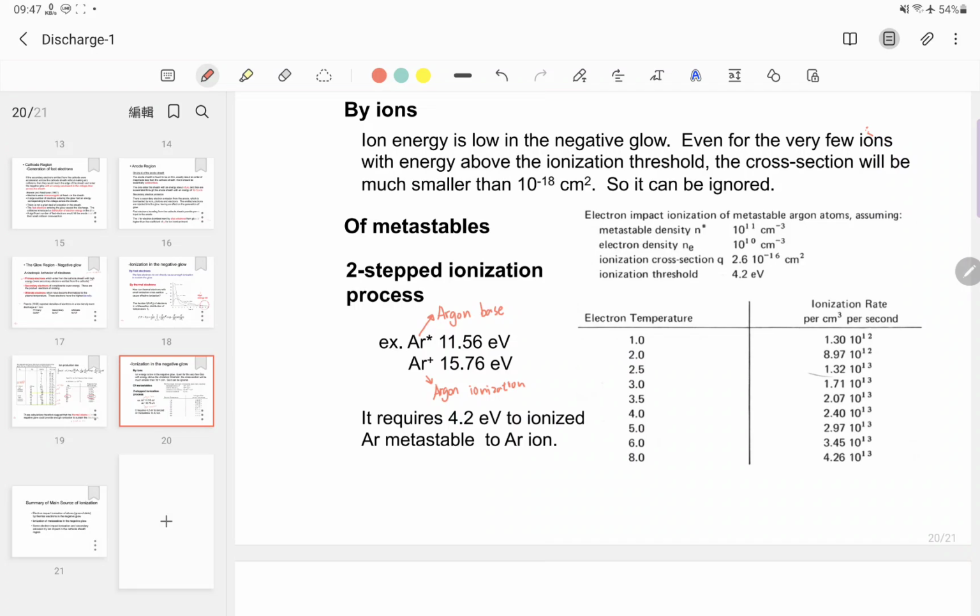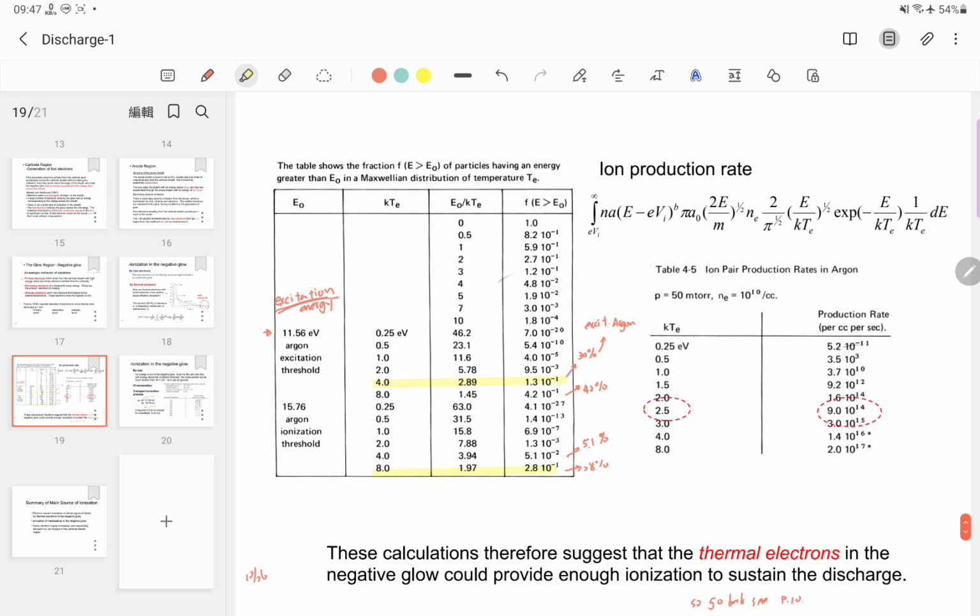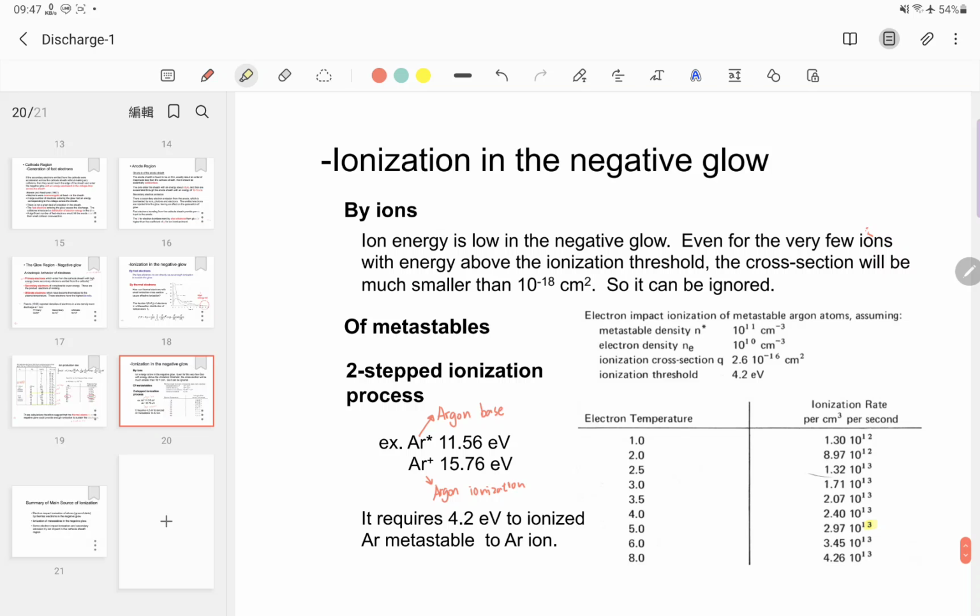And for the two-step ionization process, the production rate of electron and ion pairs is about 10^13. So it is about 1% of the ionization process by thermal electrons. It contributes only 1%.